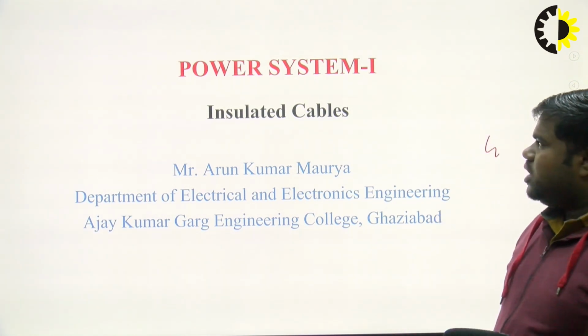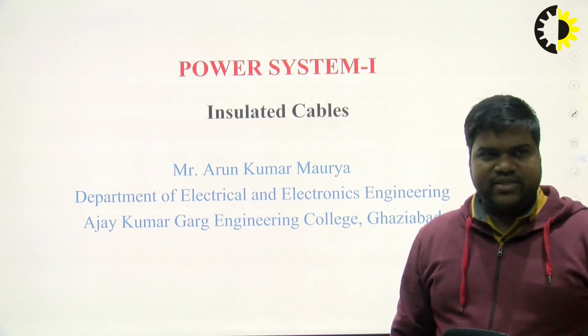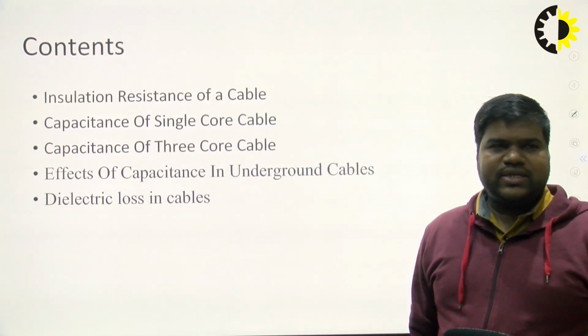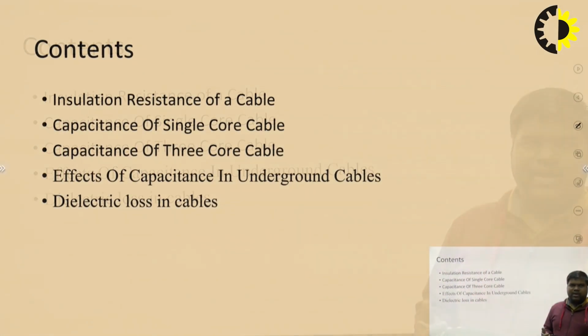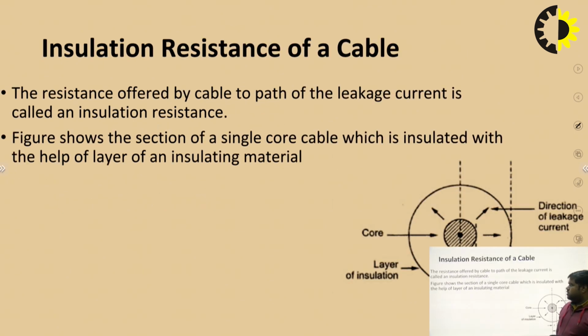In this case, we will discuss the insulation resistance of a cable, the capacitance of a single core cable, the capacitance of a three core cable, the effect of capacitance in underground cable, and the dielectric loss in cables. These are the contents.